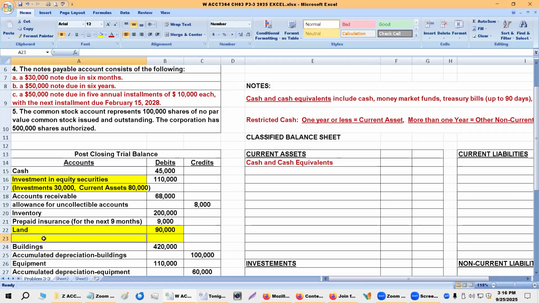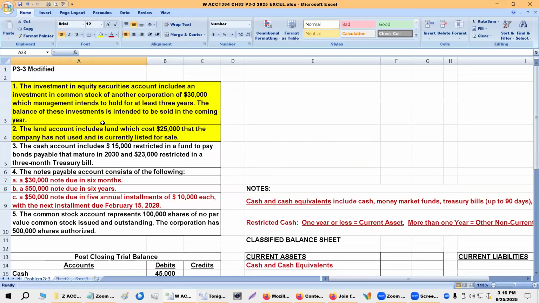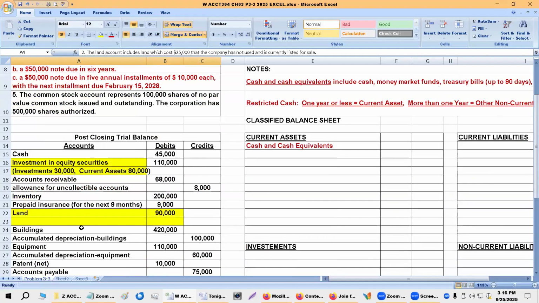Yes. Well, yeah, so let's see. In the investment, yeah, okay, so land would be, let's see here, probably plant and equipment would be whatever is left over, that 90, like 65,000.